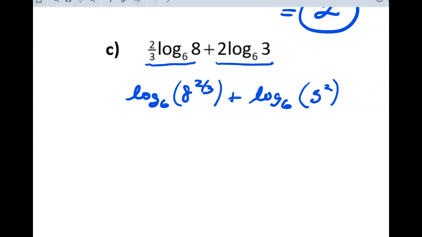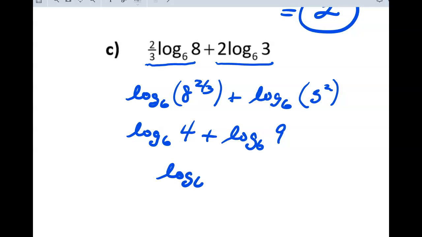And the numerator gives us the power, so the third root of 8 is 2, and 2 squared is 4. And then 3 squared is 9. When we add those two logs together, we're going to multiply their arguments, and 4 times 9 is 36. And log base 6 of 36 is the exponent 2.